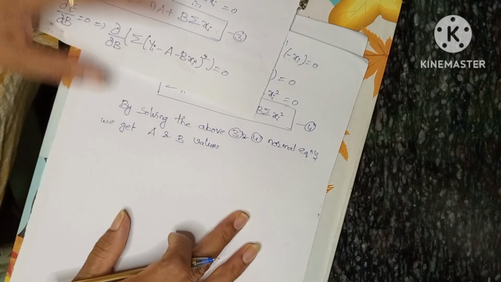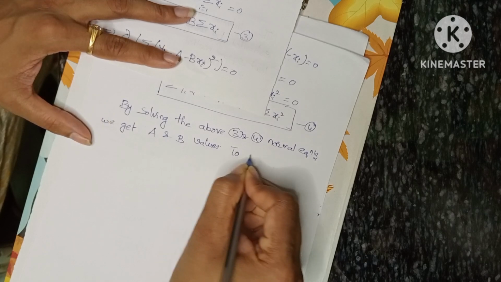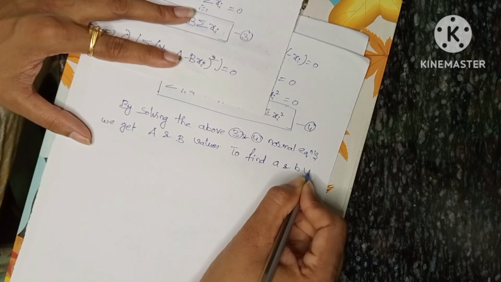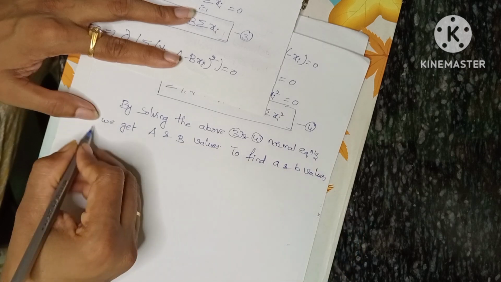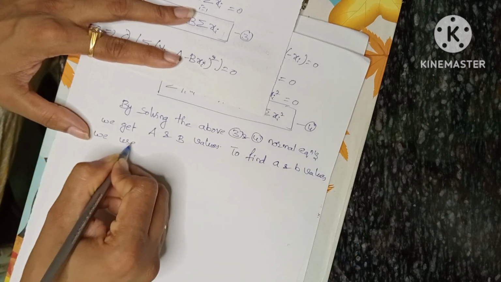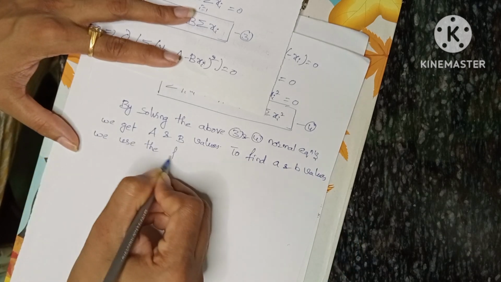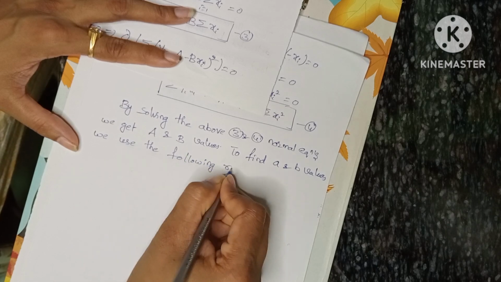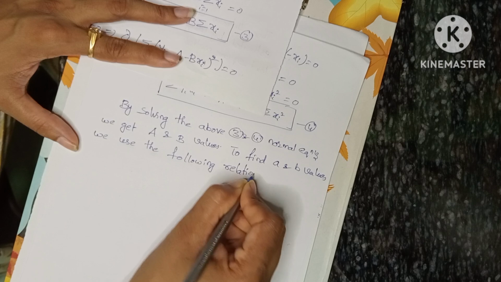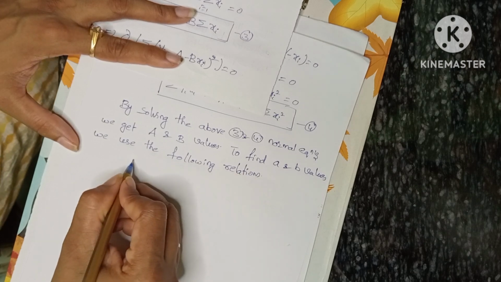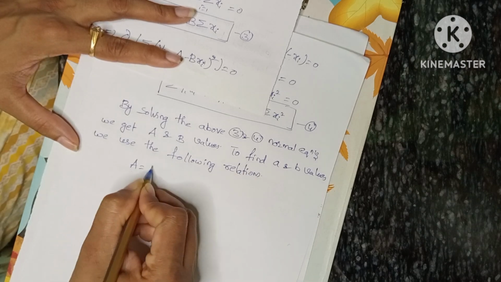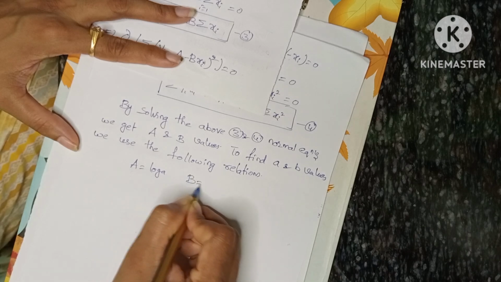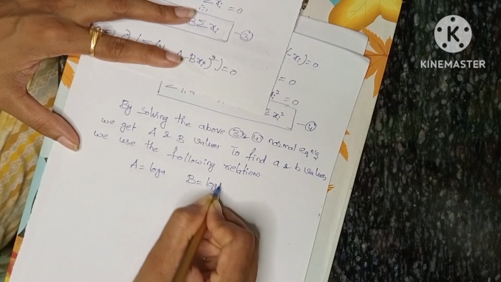Okay, so to find small a and small b values, we use the following relations. Capital A equals log small a, capital B equals log small b.